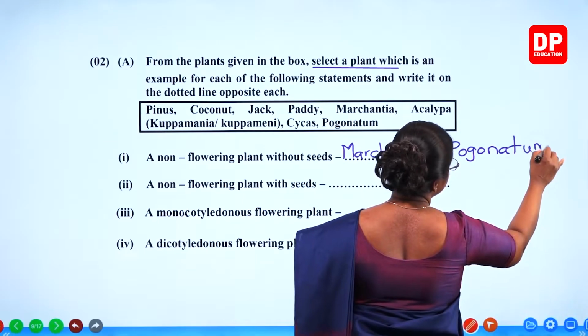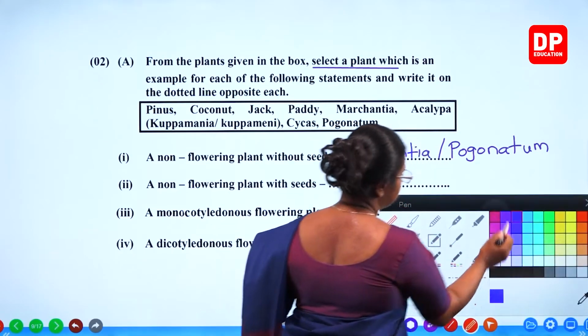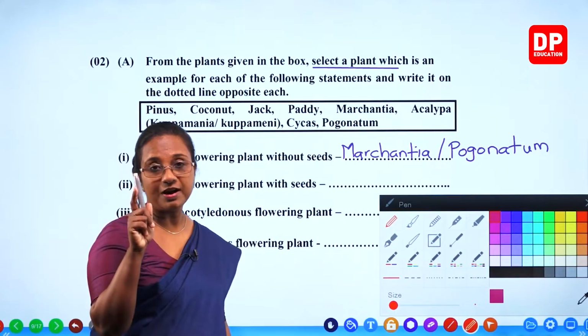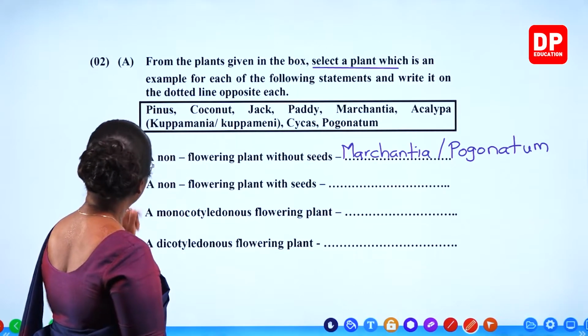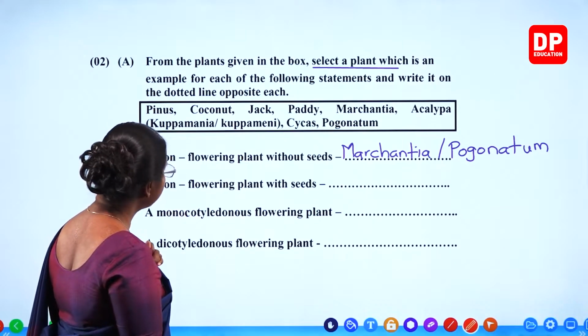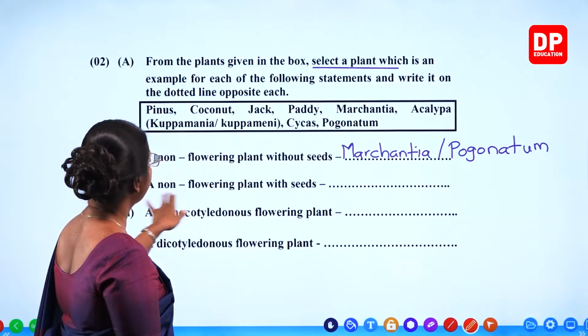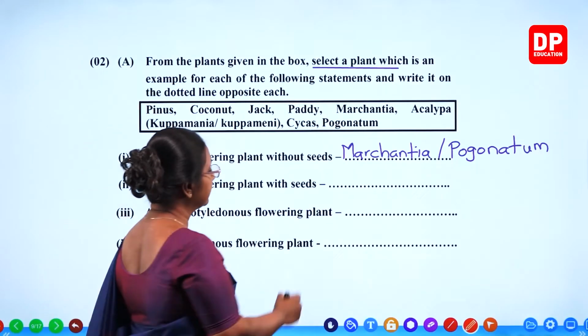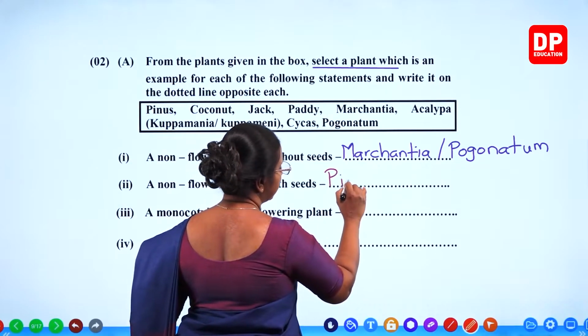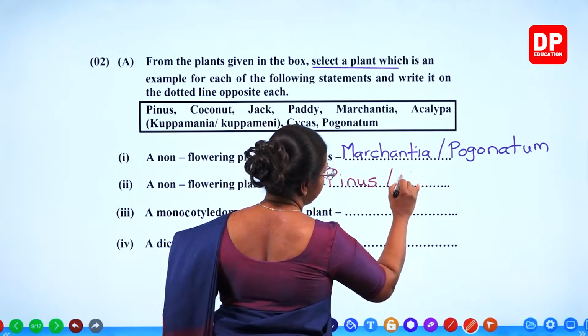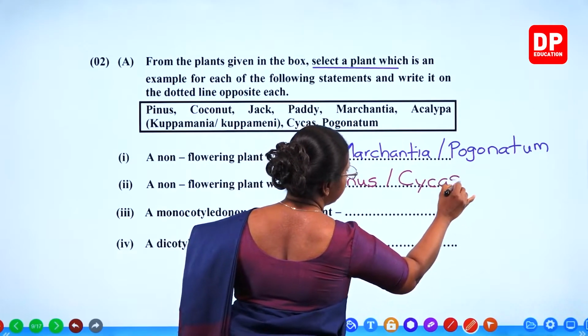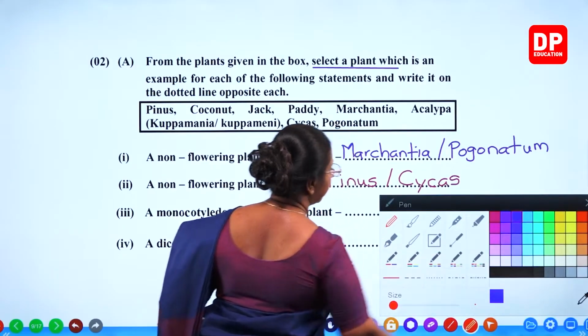Now here students, I am writing both the answers. You all need to write only one example. Then the second one, a non-flowering plant with seeds. So non-flowering plants with seeds, pinus and cycas. Pinus or cycas. You can write one of the two.